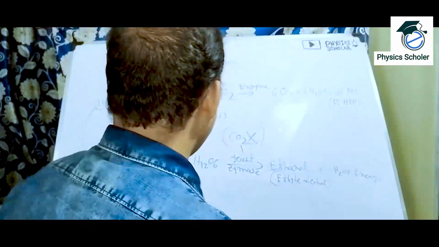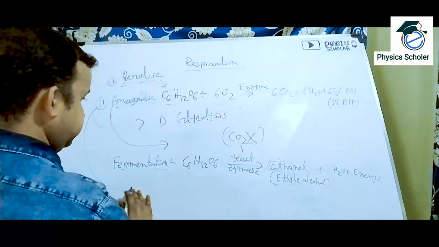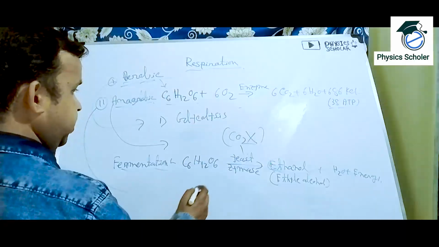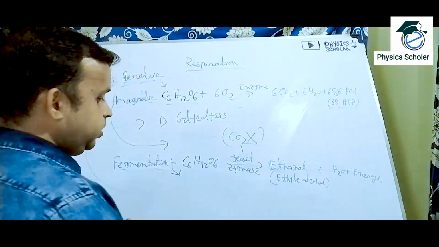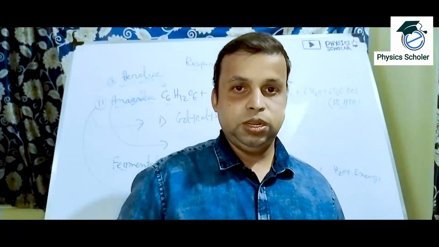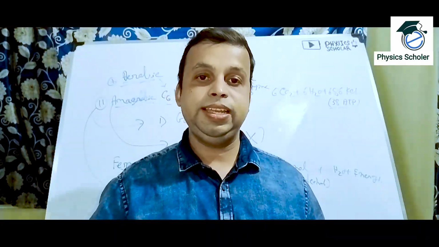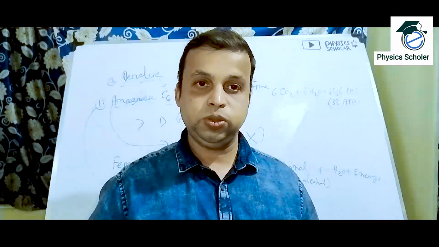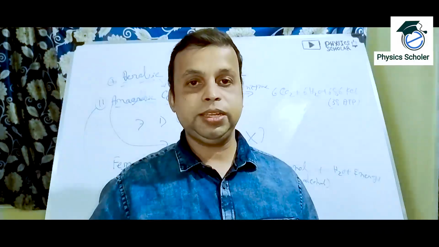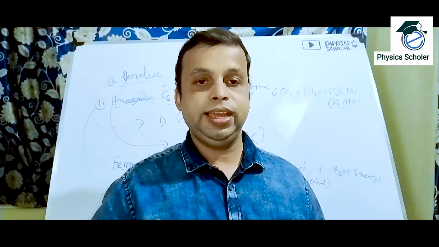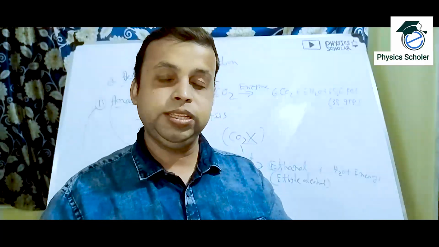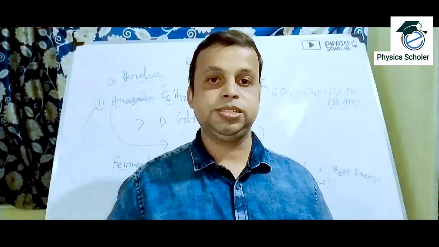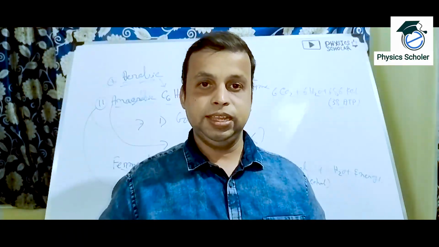Now another is there, that is lactic acid. So when will lactic acid be formed? It is formed basically inside the cells of our muscles. What happens when we are doing heavy exercise? Then oxygen scarcity will be there inside the muscle cells.